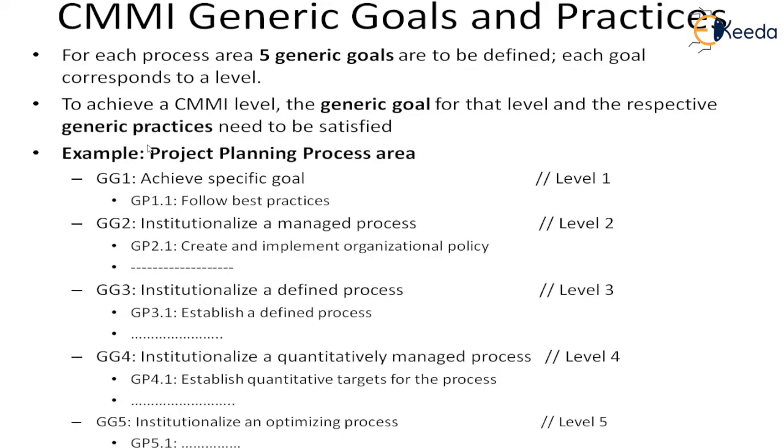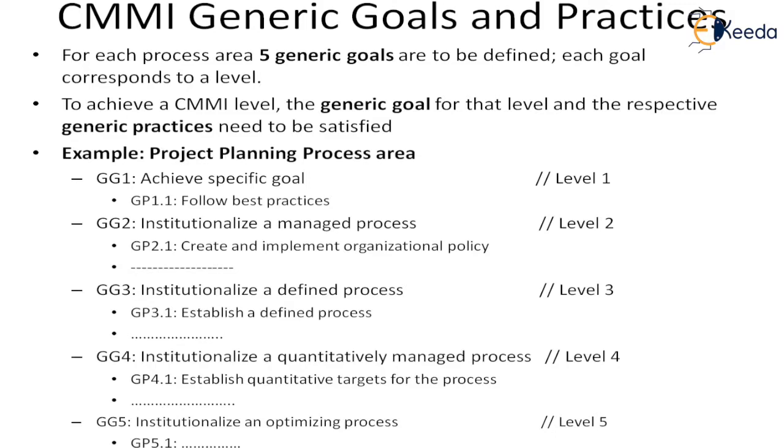For each process area, we need to have at least 5 generic goals. In the case of specific goals, it is not defined how many; we can have 1, we can have 10. It all depends on the process area, the description of that process, what kind of actions we have to do and what kind of goals we have to achieve.